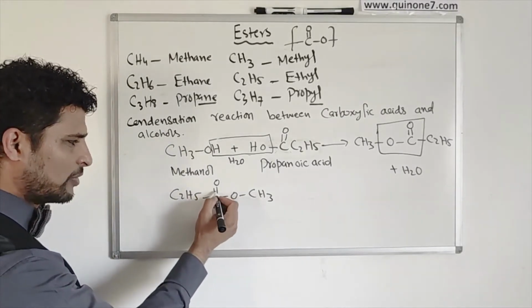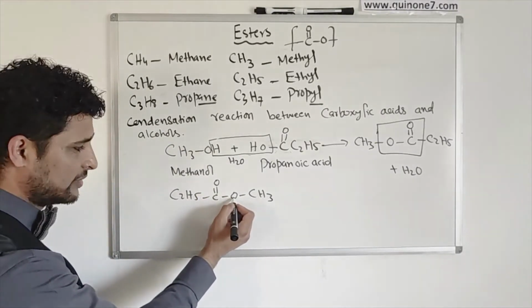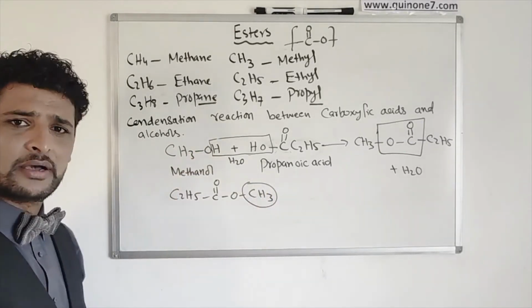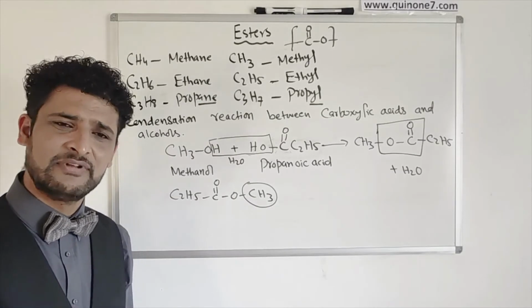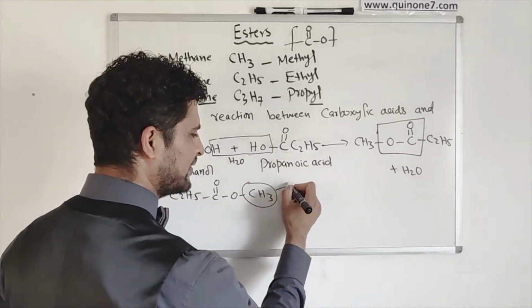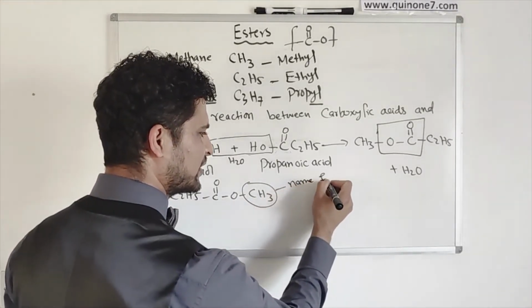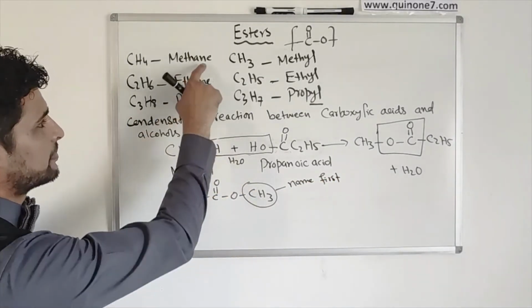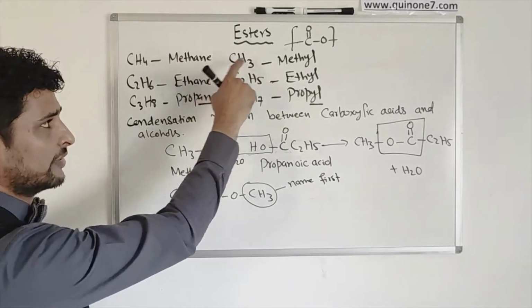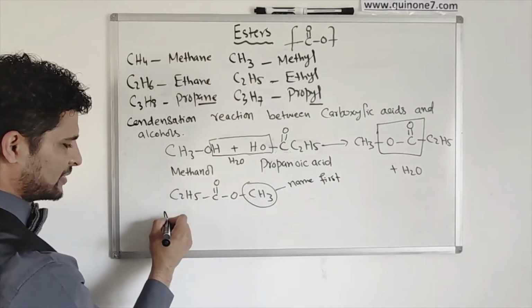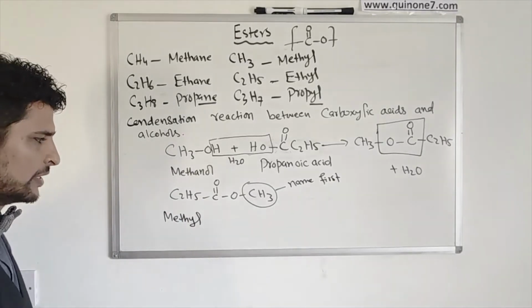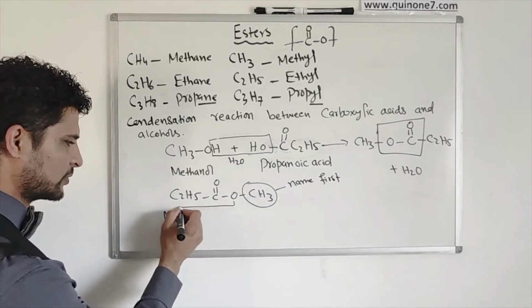After this C double bond O, whatever group you have over there will be named first. The name of this group you can predict, CH3, which is methyl. So you can write it down straight away, methyl.